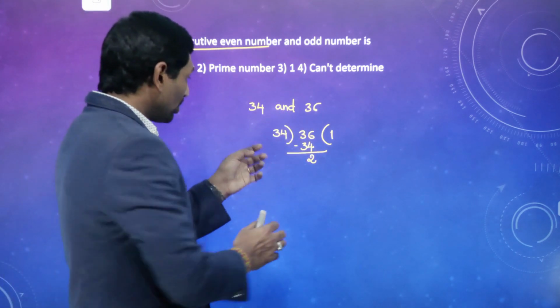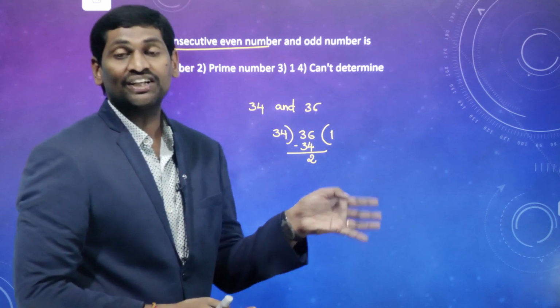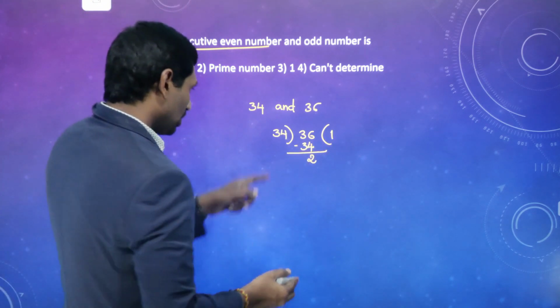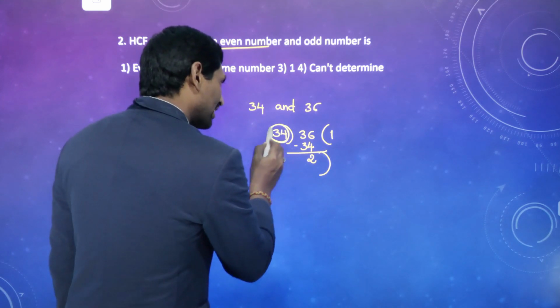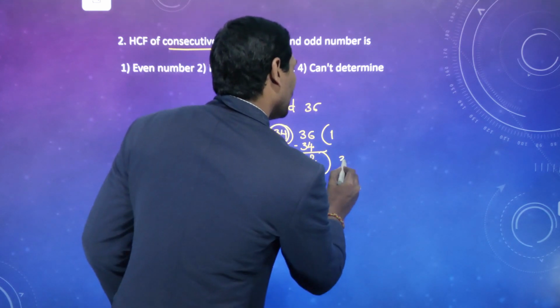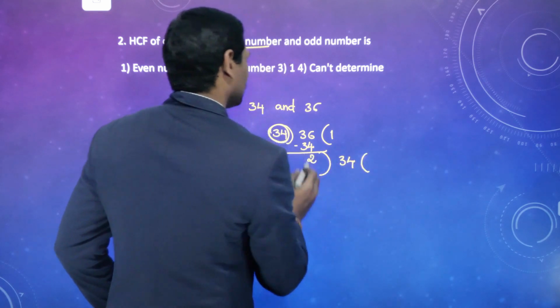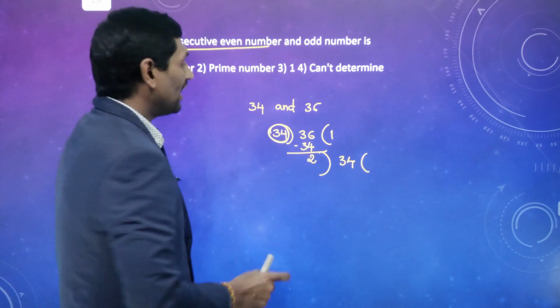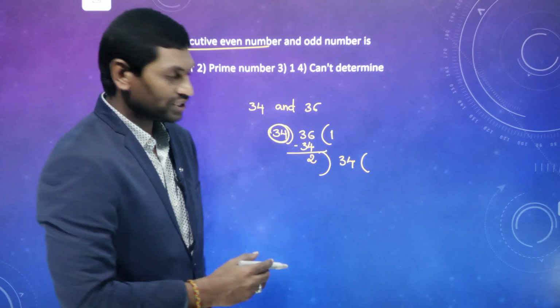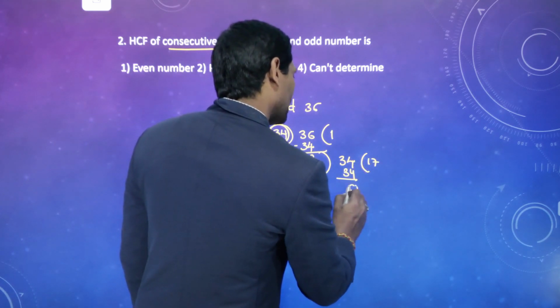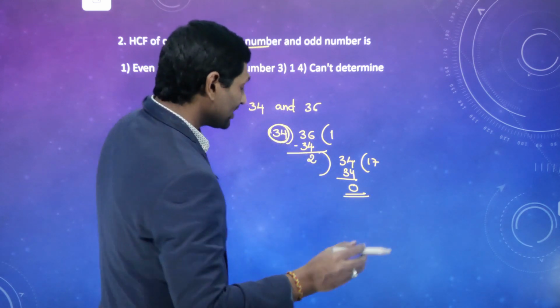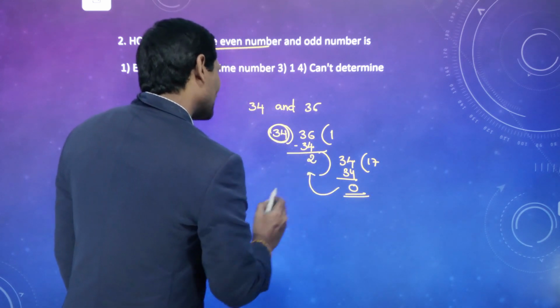Then we have to continue this division until we get the remainder 0. Now the remainder becomes the divisor and the divisor becomes the dividend. So 2 times 17 is 34, so we got the remainder 0. When you get the remainder 0, its divisor will be the HCF.